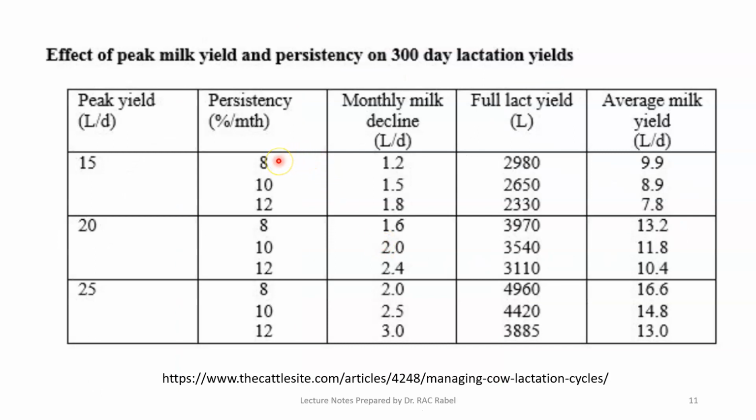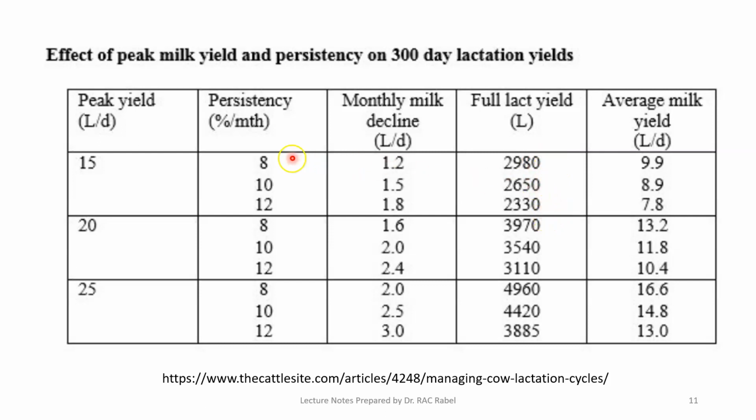So here are some examples. If the peak yield was 15 liters, and there was an 8%, 10%, or 12% decline, depending on the decline, the total lactation yield can vary considerably.